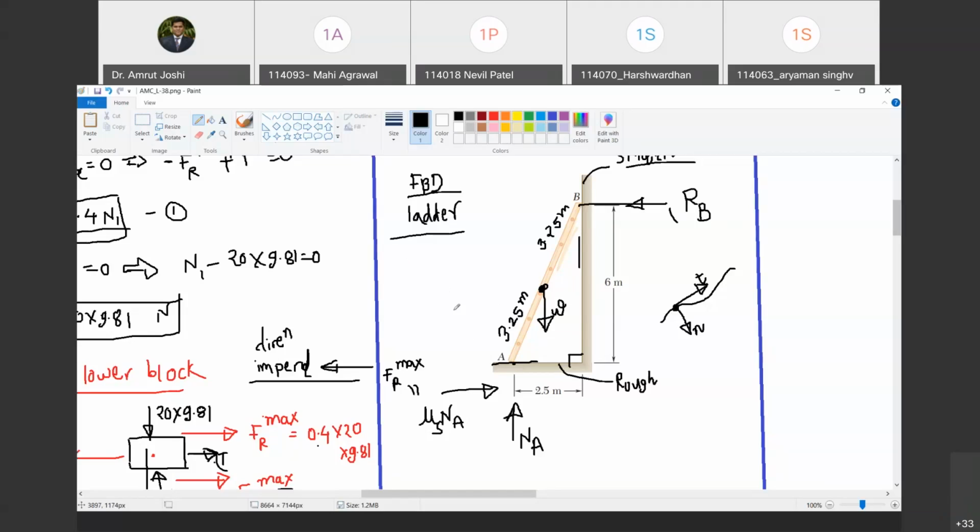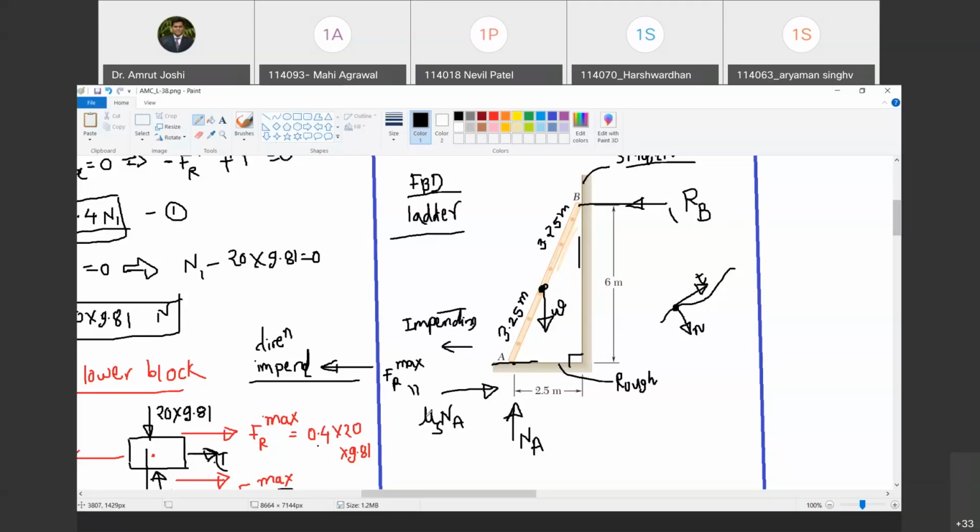In which direction is the motion impending? A is going to move in this direction. Impending motion. Happy? Yes, sir. Understand this, it is conceptually very important. For any value of mu s greater than this, motion will not be impending and the frictional force will not be mu s times na, because mu s times na, the law of friction, is to be used only when motion is impending.